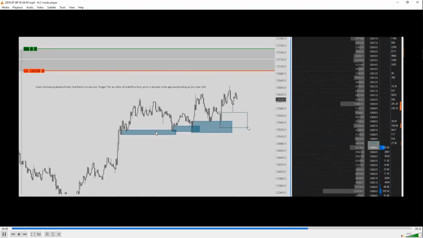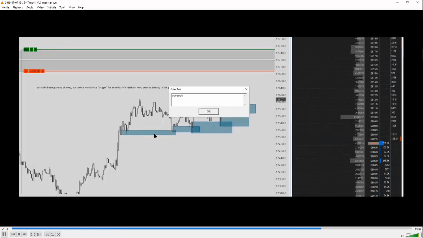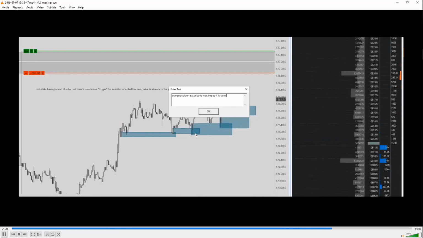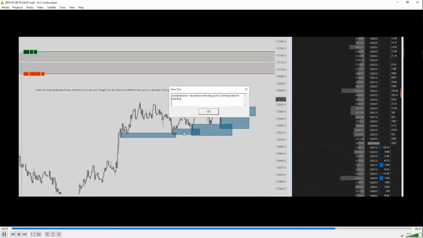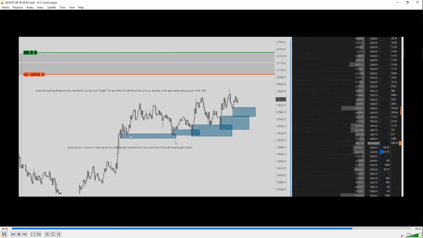Here I'm marking out something else I'll talk about next week, which is compression. So as price moves up, each time it makes a higher high, it's coming down and testing the last area of buy side liquidity. And as it tests it, we can imagine it consuming this liquidity. And so when it comes down through here, we'd expect it to come down quickly, because just like a liquidity void like this, there's no liquidity in here.